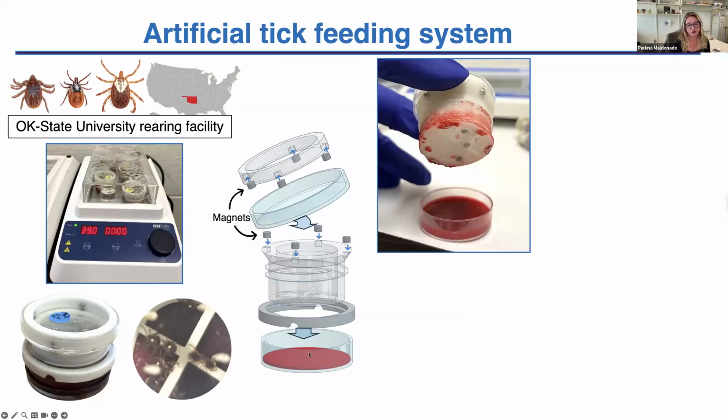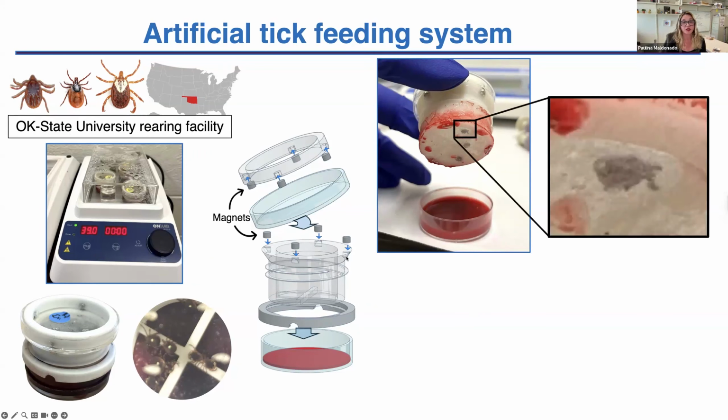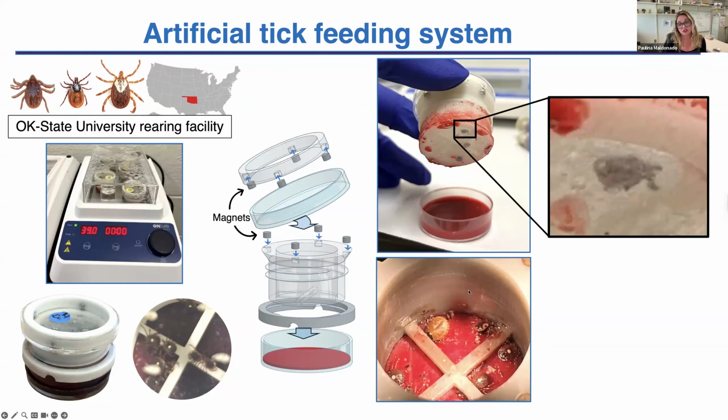And if you're familiar with mosquito or tick feeding, you know, it's preparing a membrane and then just having the blood and the ticks access that blood, and then the ticks are kept in high humidity and warm conditions to encourage feeding. Now, this is how the chamber looks like on the inside when there's initial feeding.